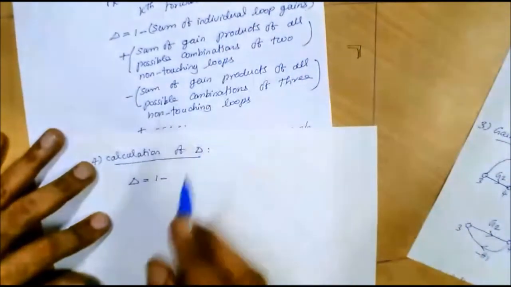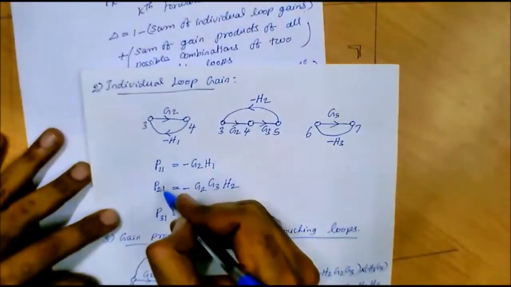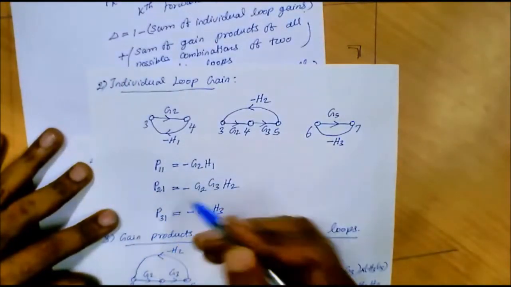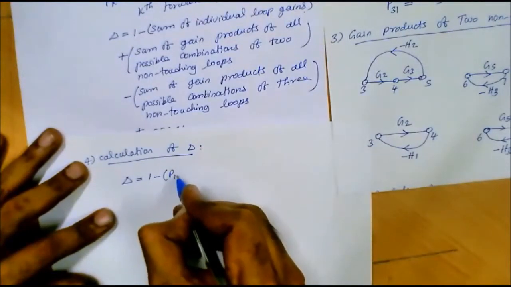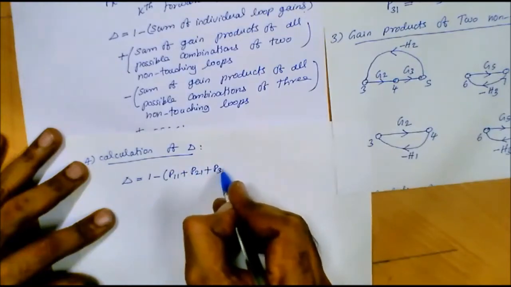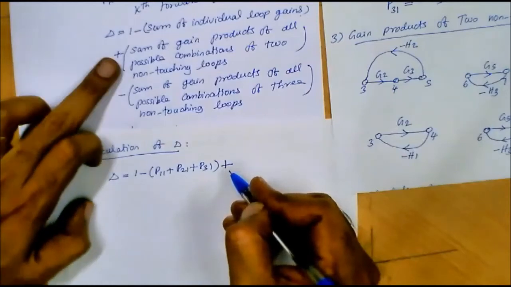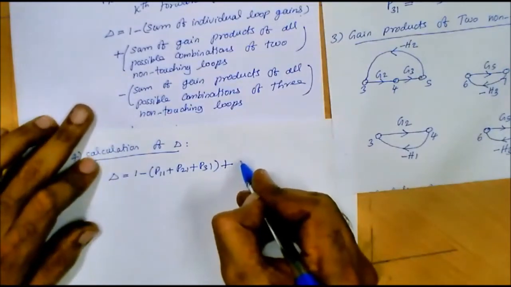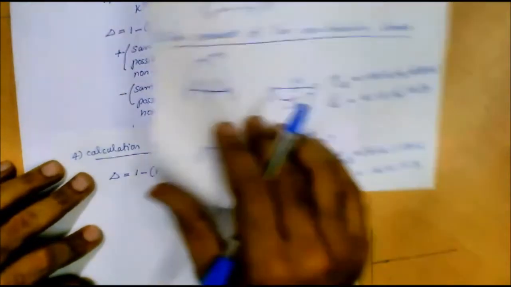For individual loop gains, we already derived those values: P11, P21 and P31. So P11 plus P21 plus P31, then plus two non-touching loops.